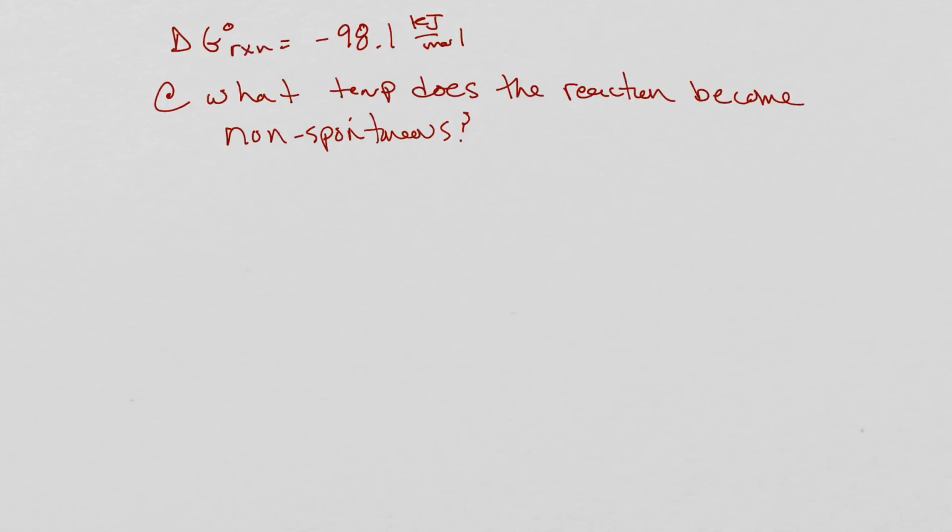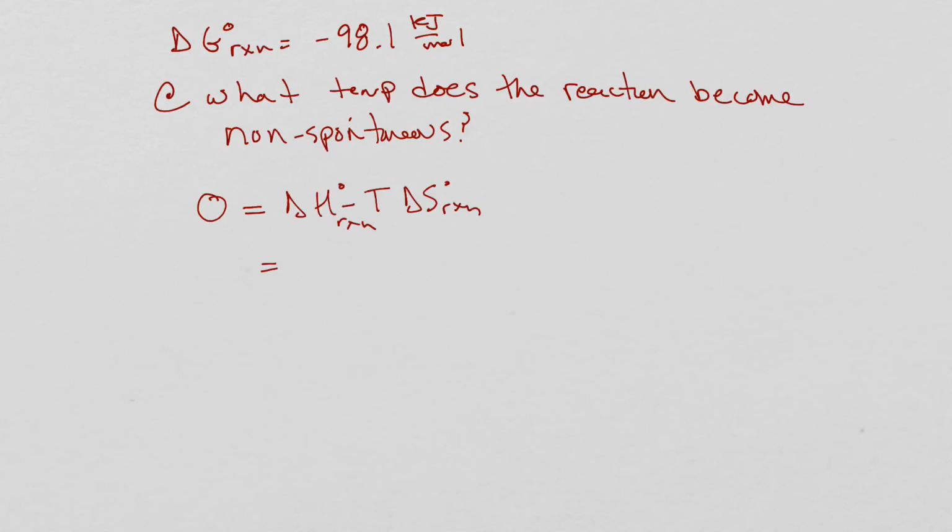And so we're going to set our delta G value equal to 0, so 0 equals delta H minus T delta S. So we're simply going to solve for T where delta G equals 0, right? Where that's going to change from positive to negative.